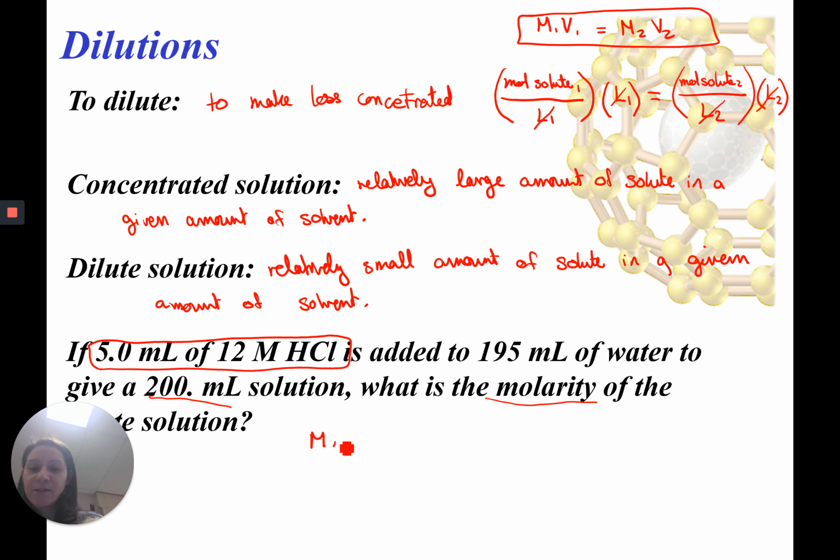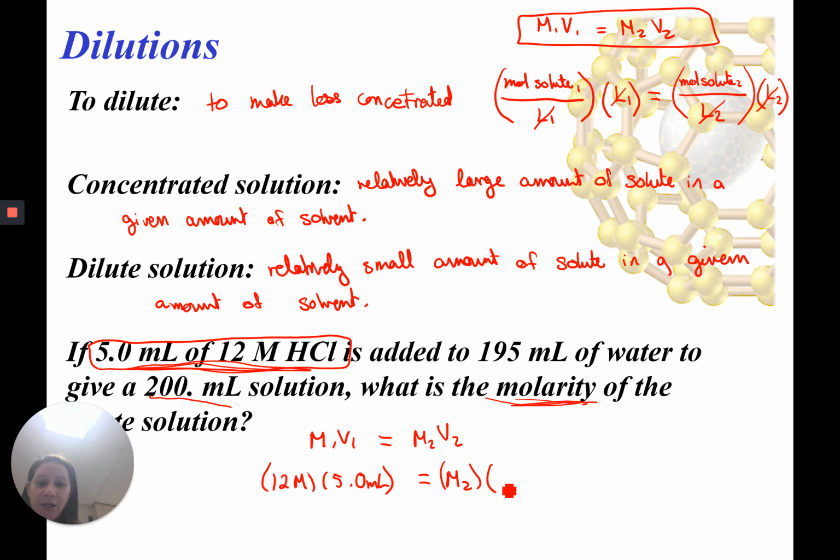So we see that it's talking about dilution. So we say M1V1 equals M2V2. It doesn't matter which solution you pick as solution 1 and which one you pick as solution 2. I'm going to pick the one that is boxed right here as my solution 1. So my molarity of solution 1 is 12 molar. My volume is 5.0 milliliters. My new molarity is what I'm looking for.